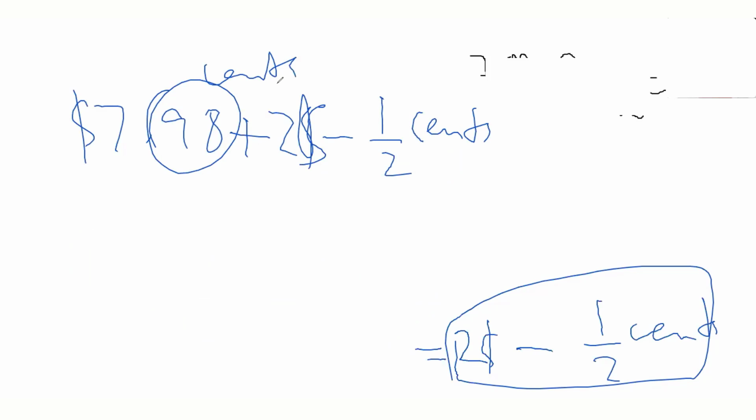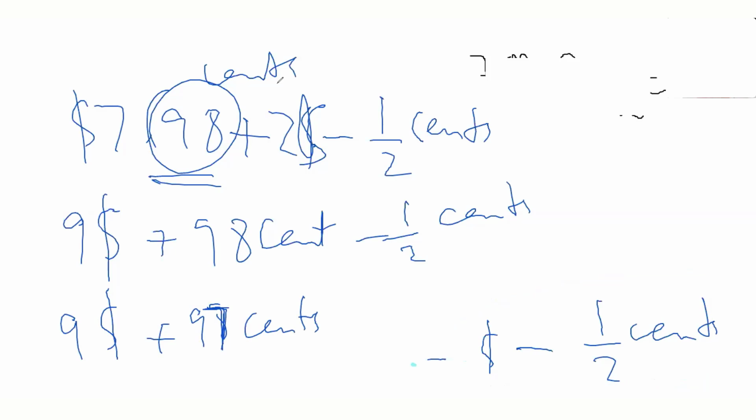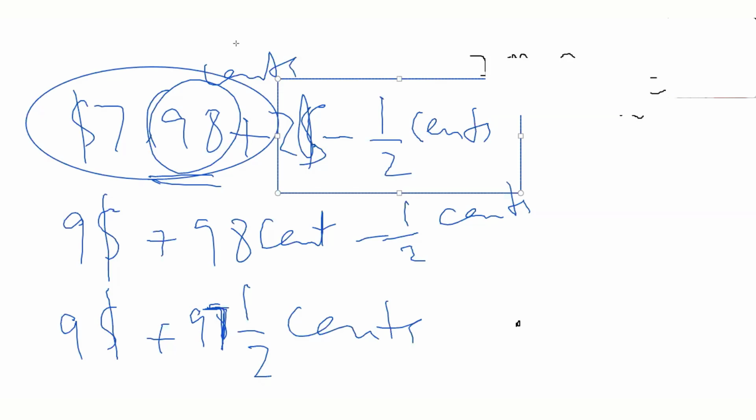You have $7 plus $2, that would be 9. We subtract 1/2 cent from 98, so we are left with $9.97 and a half cent.